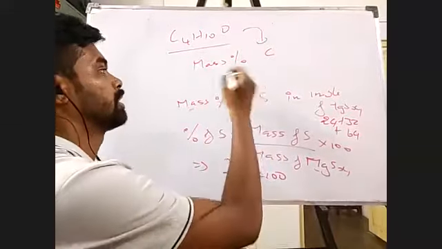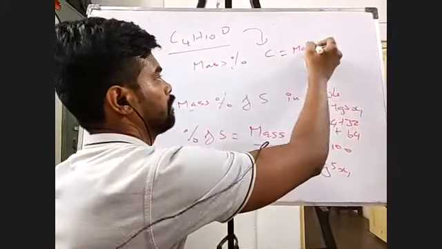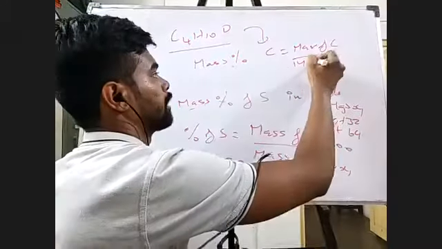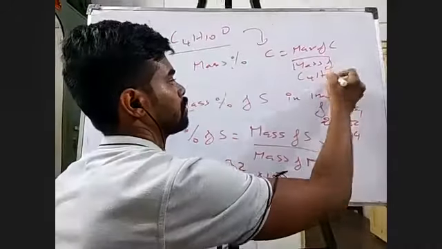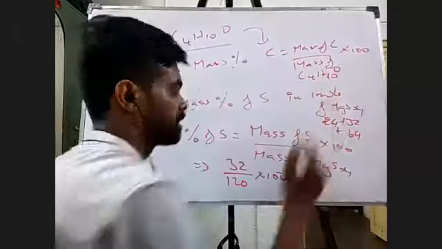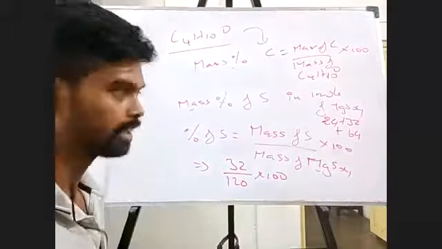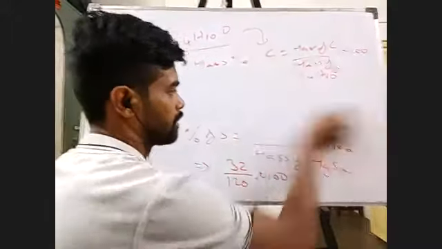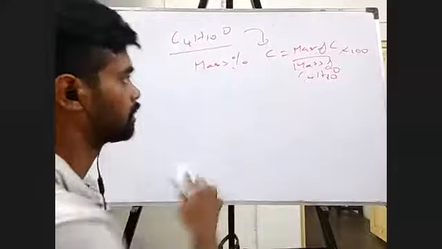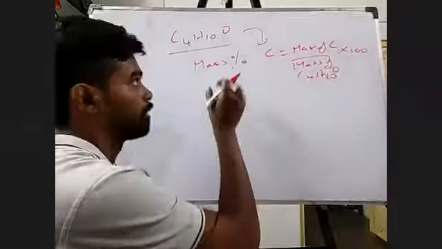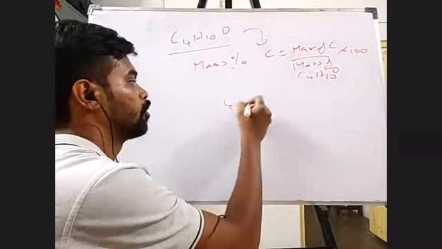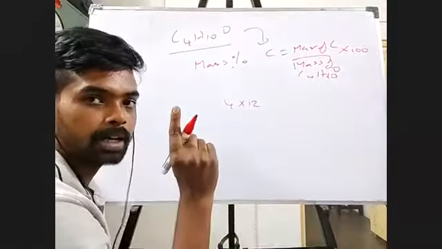Fine. So first, what is the formula? Mass of carbon divided by total mass of C4H10O, into 100. That's the formula, right? Now substitute. I have 4 carbon atoms, so the total weight of carbon will be 4 into 12, because each carbon atom has 12 grams.